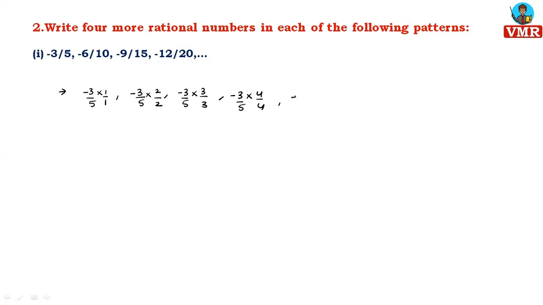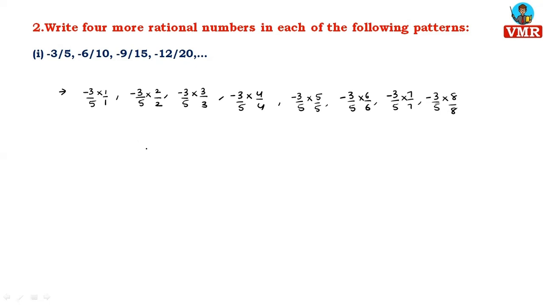We can write them as minus 3 by 5 into 5 by 5, minus 3 by 5 into 6 by 6, minus 3 by 5 into 7 by 7, minus 3 by 5 into 8 by 8.